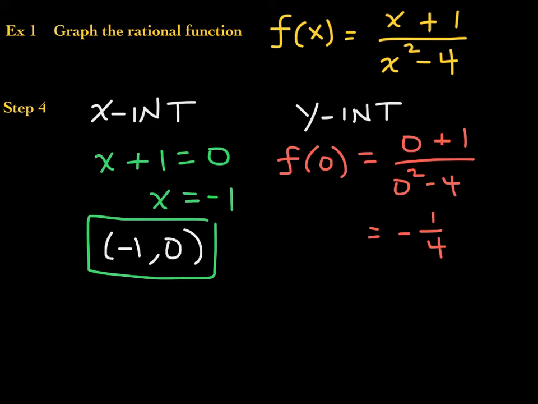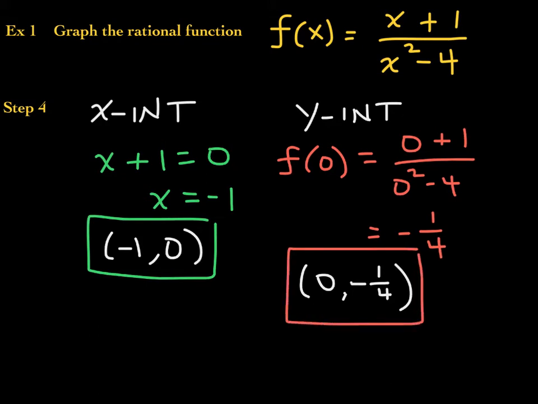So your y-intercept in ordered pair form is 0, comma, negative 1/4. That's your one y-intercept. Now, because the end behavior asymptote is the x-axis, I don't have to determine whether the graph crosses the end behavior asymptote or not.